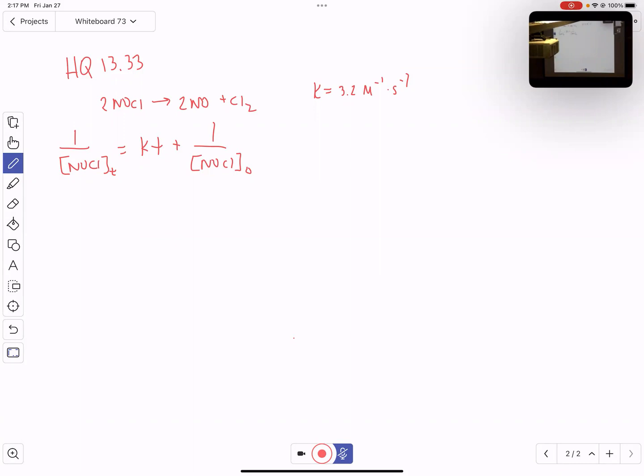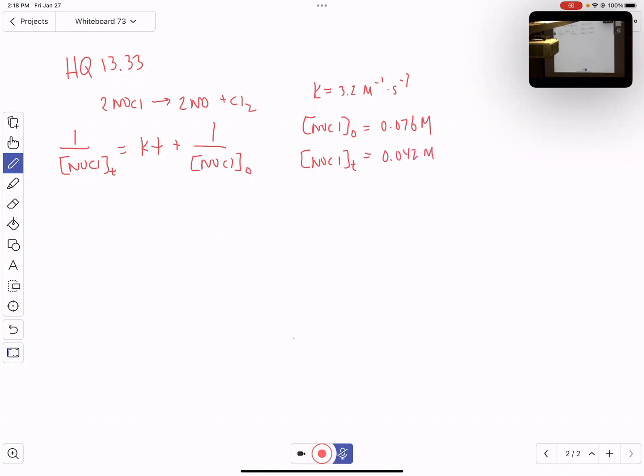And then they give us the initial concentration, NOCl at time 0, and then NOCl at some point in the future. My initial concentration is 0.076 molar, and my concentration in the future is 0.042 molar.